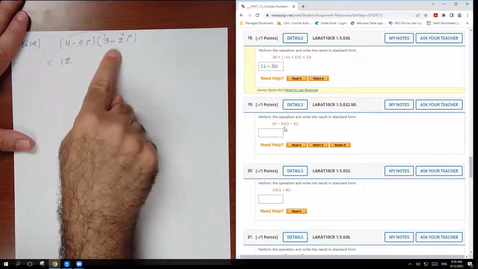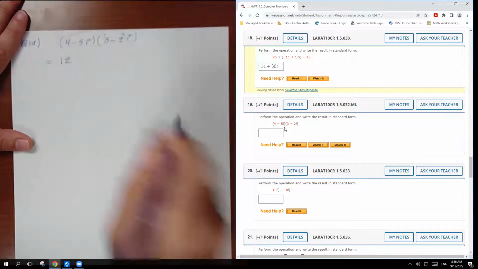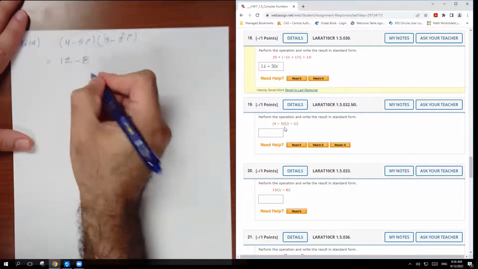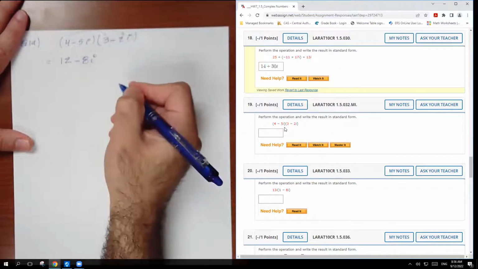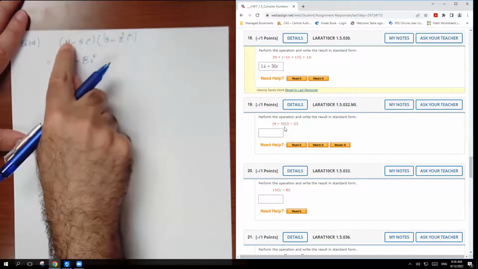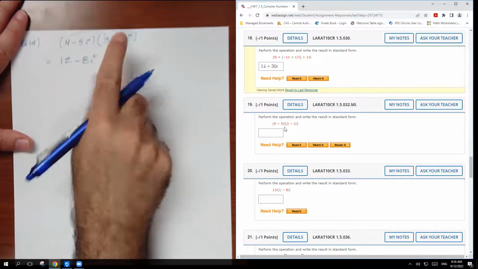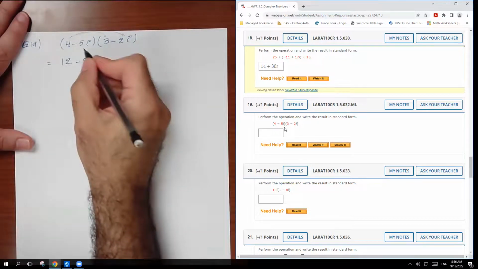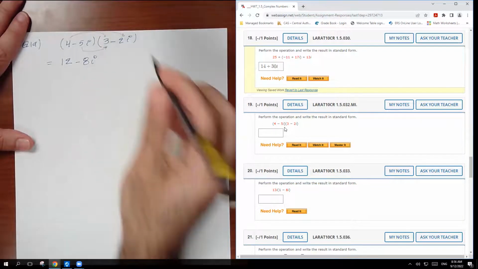4 times negative 2i. So 4 times negative 2 is going to be negative 8, that's minus 8i. We're done distributing the first number on the first parentheses. Now the second one, we're going to distribute negative 5 times the second one.